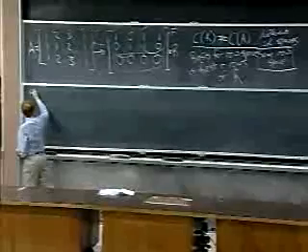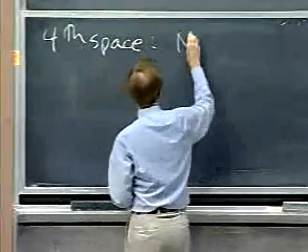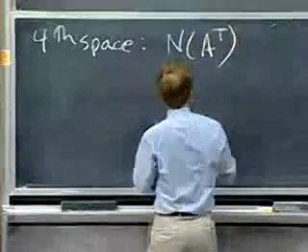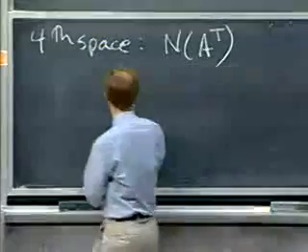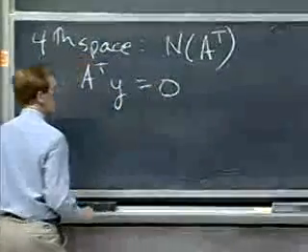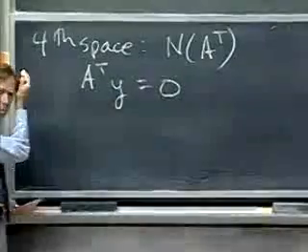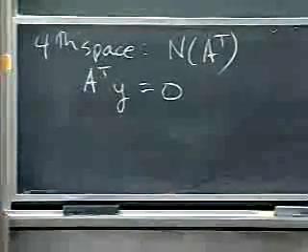So the fourth space is the null space of A transpose. So it has in it vectors, let me call them y, so that A transpose y equals 0. If A transpose y equals 0, then y is in the null space of A transpose, of course.